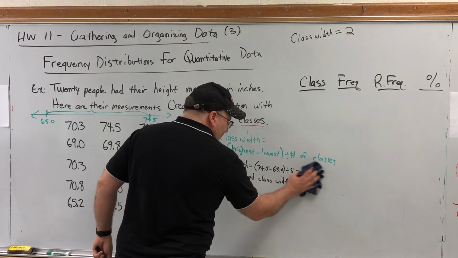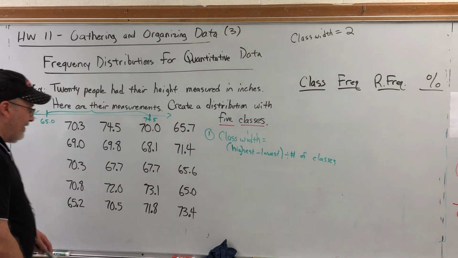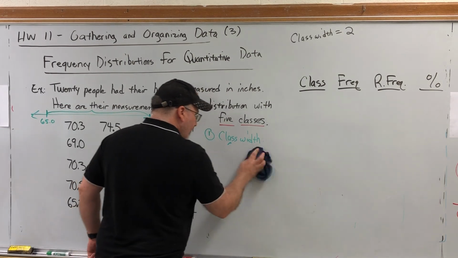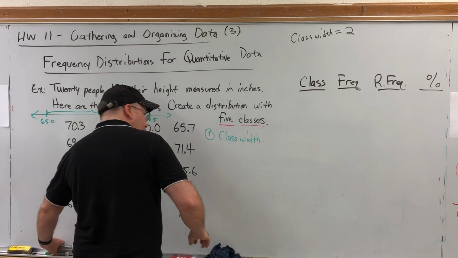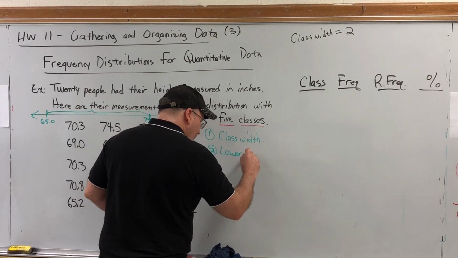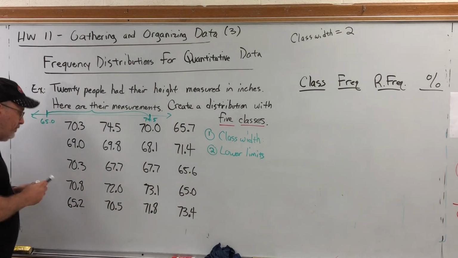All right, so first you calculate your class width by subtracting the highest minus the lowest and dividing by the number of classes. Then you list what are called your lower limits. Each of your classes is going to start with a value.